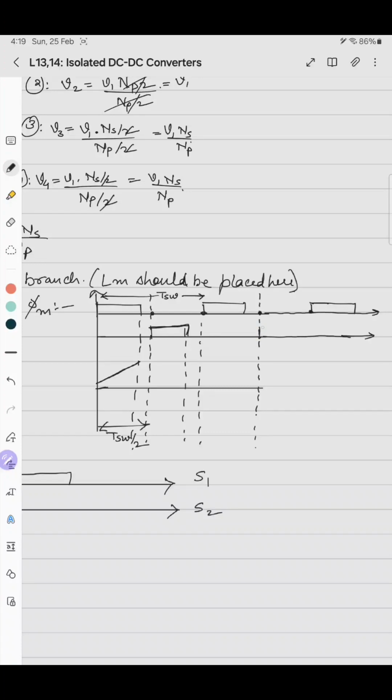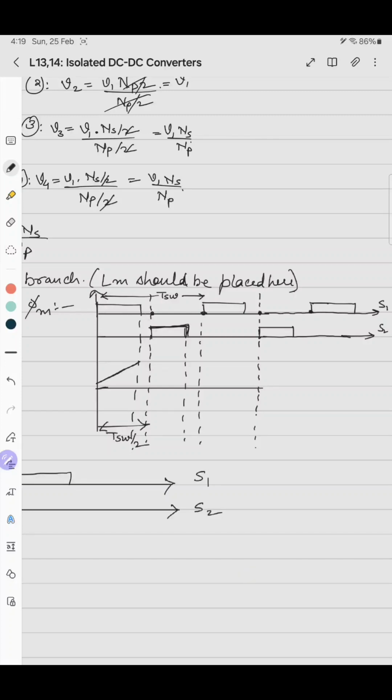Again this will be on and it may turn off like this. In order to have symmetry, the switching pulse of S2 should start after half of the switching time. For both the switches, the switching frequency is the same. It's not different, because both switches are controlled using the same PWM pulses.